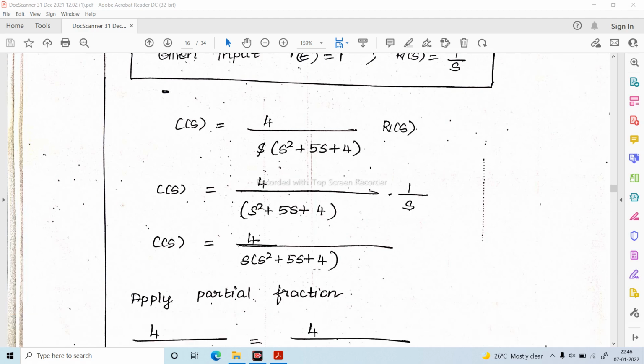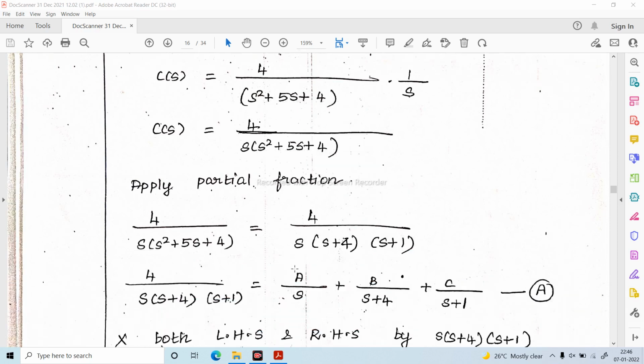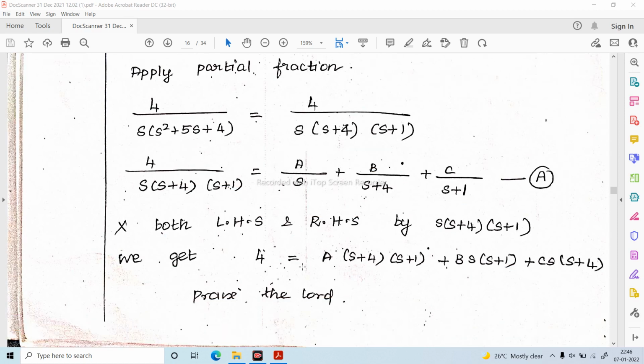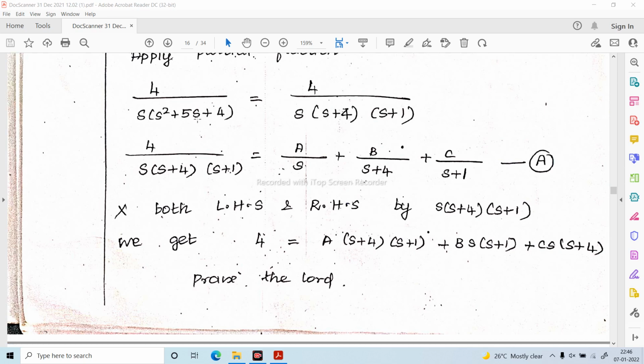Okay, and next, how to find C(t)? Already we have seen this in the previous derivations: we can find the value of C(t) by applying partial fractions, to separate the variables. So 4 divided by s into (s square plus 5s plus 4) is equal to A by s plus B by (s plus 4) plus C by (s plus 1).